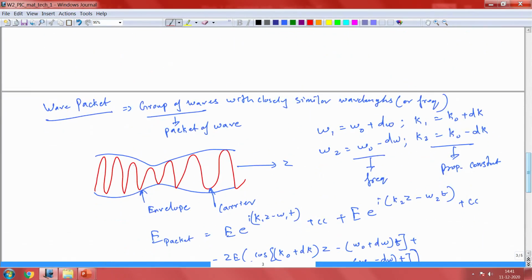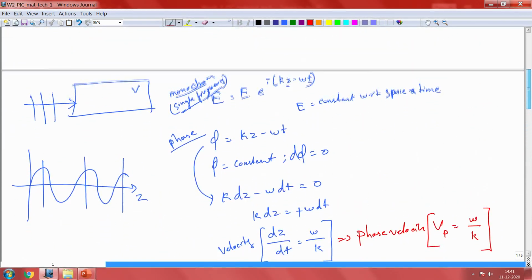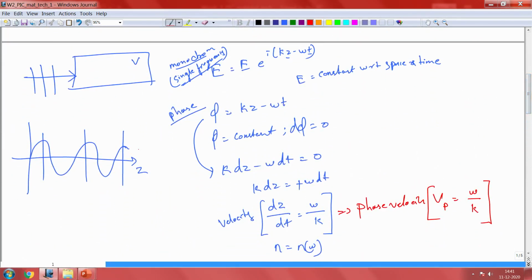It is slightly different here. If you look at the wave packet, the velocity at which this envelope moves is the group velocity. This whole uniform envelope that we have created because of multiple wavelengths or very closely spaced frequencies being present, this is what the group velocity is all about. But in the case of a phase velocity, it is a single wave, so all the energy is propagated at this particular velocity.